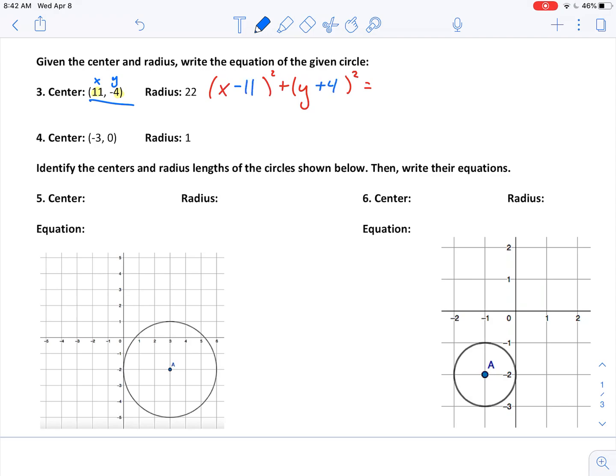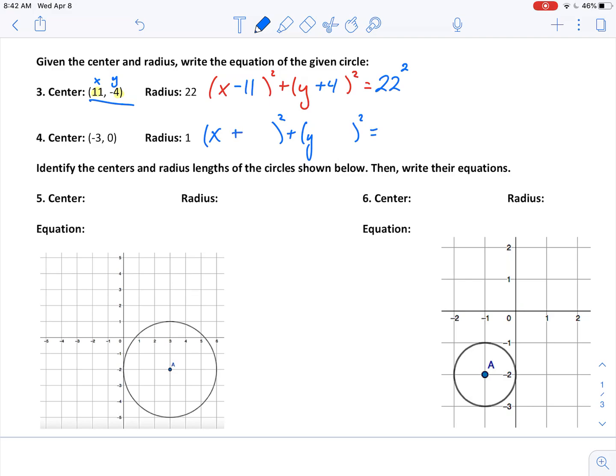So if the center's 11, negative 4, well, remember, we're taking the opposite signs of these numbers. So this is x, that's y. So x minus 11, y plus 4. And for right now, I'm just going to leave that as 22 squared. You could simplify it. You could figure out what 22 squared is, but it's not strictly necessary. So I'm not going to make you do that right now.